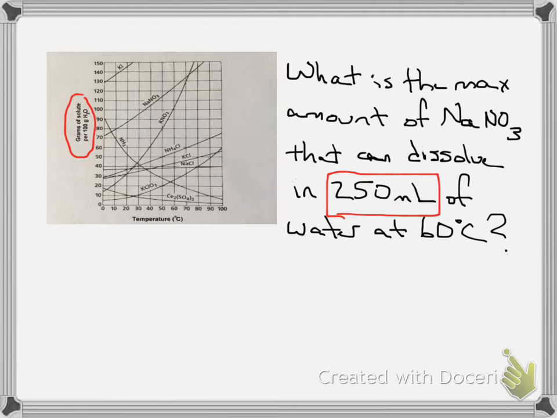First of all, we have to recognize that we're at 60 degrees Celsius and that we have this sodium nitrate. So the first thing we have to do is find sodium nitrate, which is right there. And what we're going to do is find 60 degrees and find the intersection point here. Right about there.